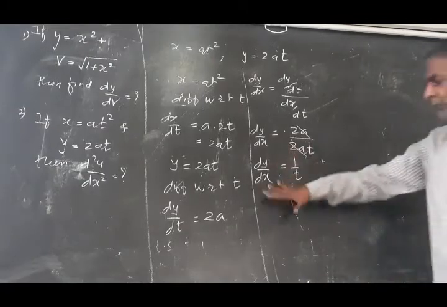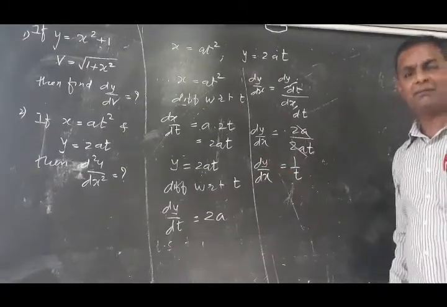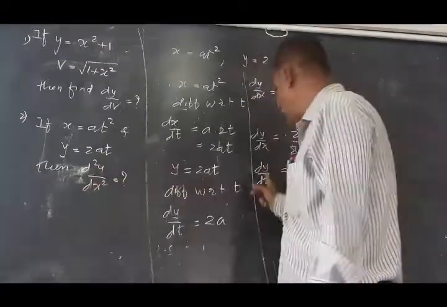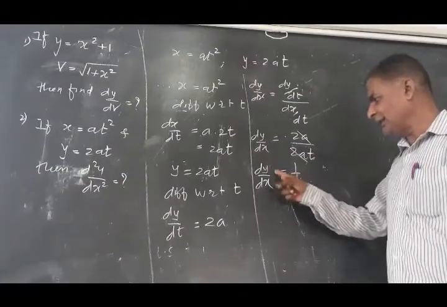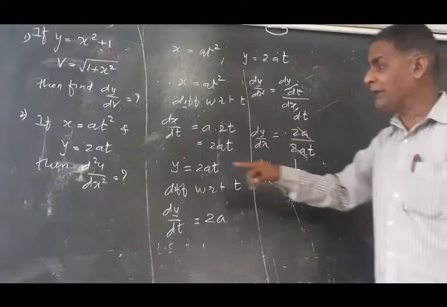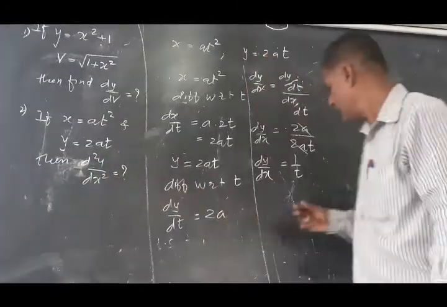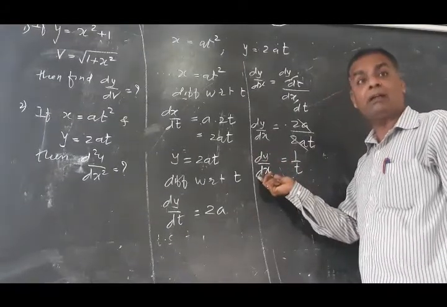Now the confusion point is from here. dy upon dx is there, and if you have to find the derivative of dy upon dx with respect to x, the existing derivative is nothing but d square y upon dx square. But look here, this dy upon dx we are now differentiating with respect to x.